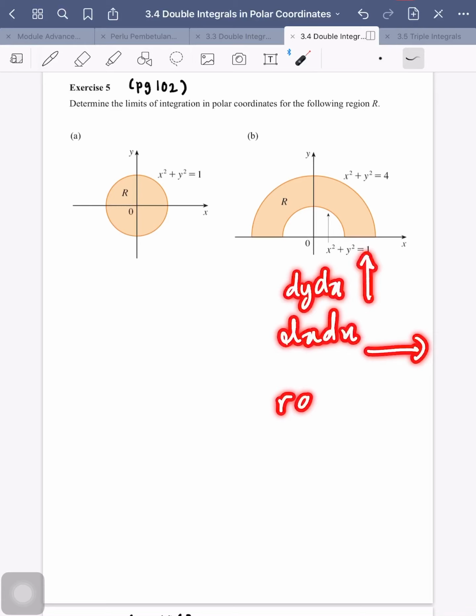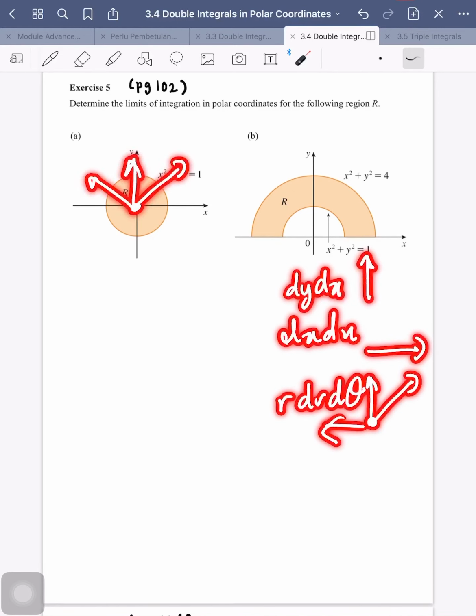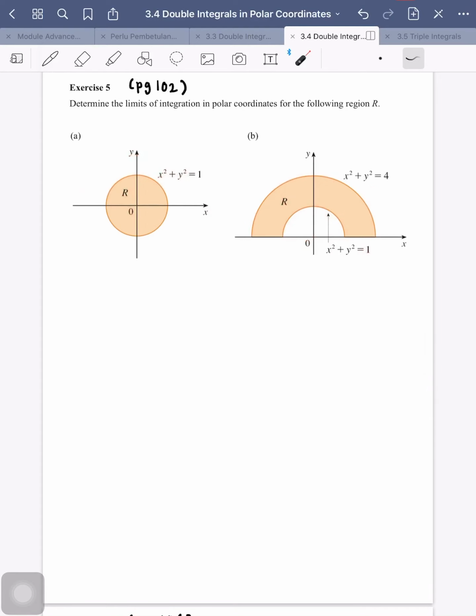How about polar r dr d theta? You view it from inside to outside, from the center to the outside.